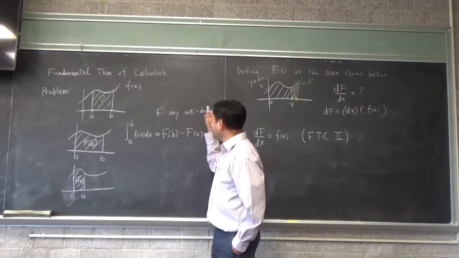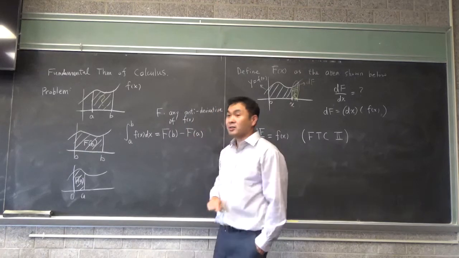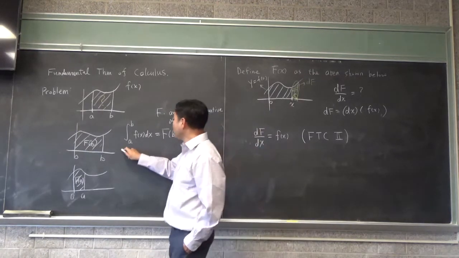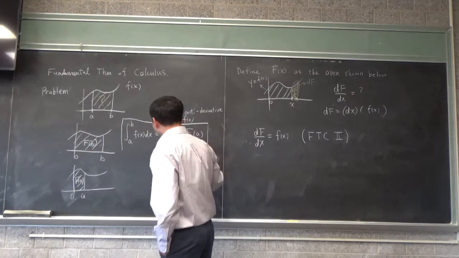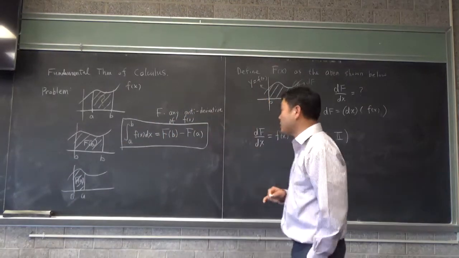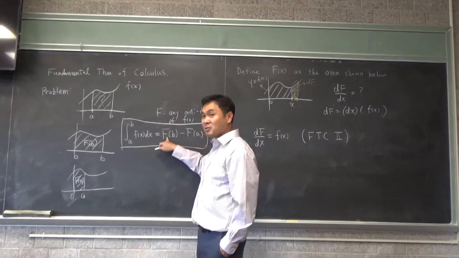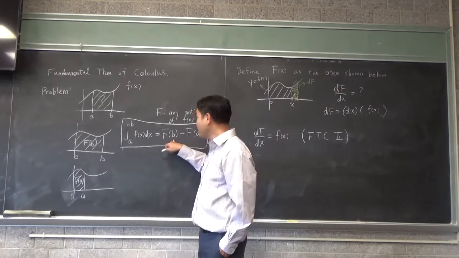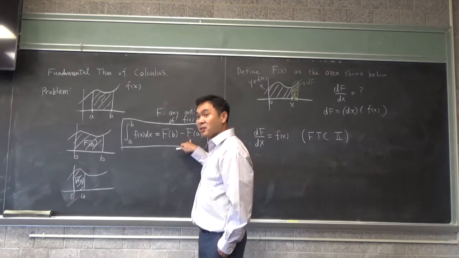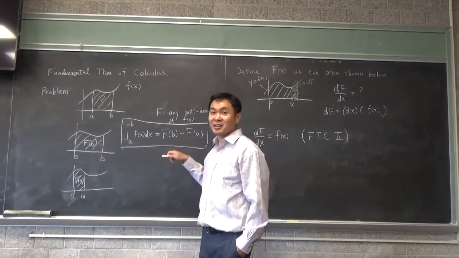So if F is any antiderivative of small f of x, then we just found out that you can find the area under the graph of f from a to b by first evaluating the antiderivative at b, minus the antiderivative at a, and subtracting it. And that gives you the area.